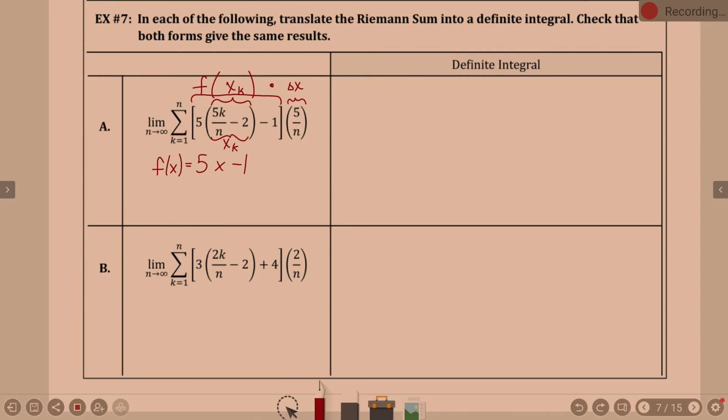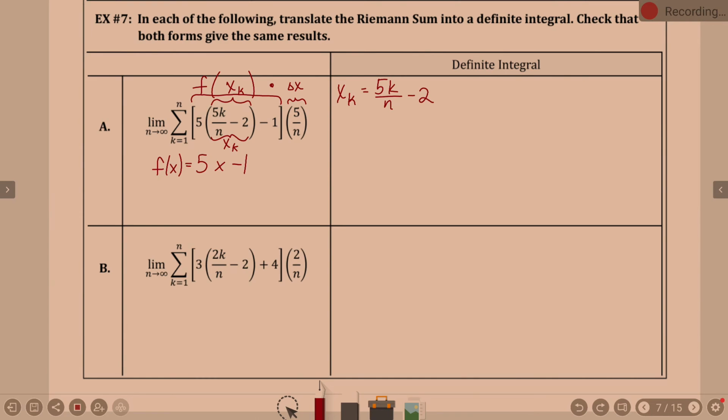A is the next thing you've got to find. It's staring at you. You just got to know what to do with it. Keep in mind that x sub k, when we pull that out there, is 5k over n minus 2.